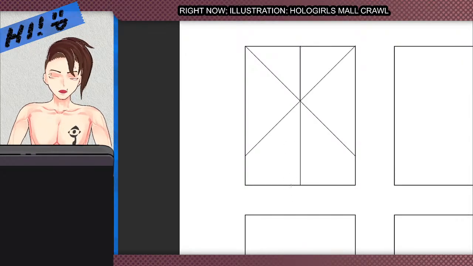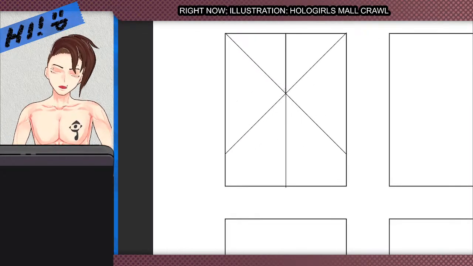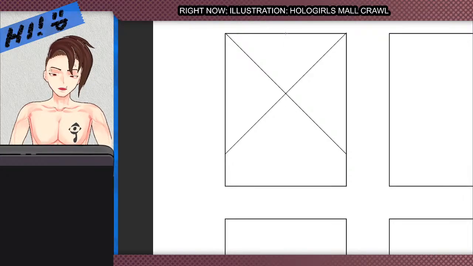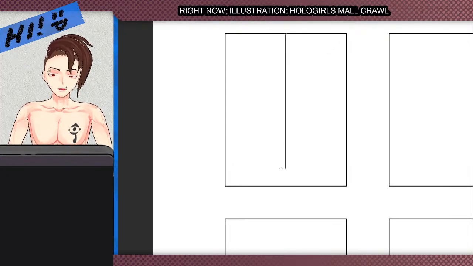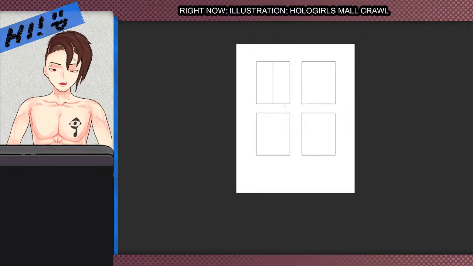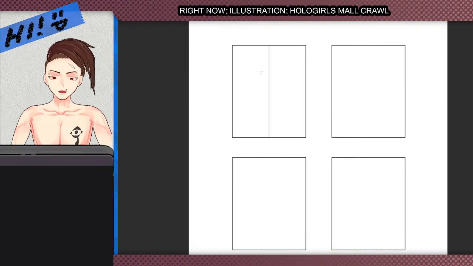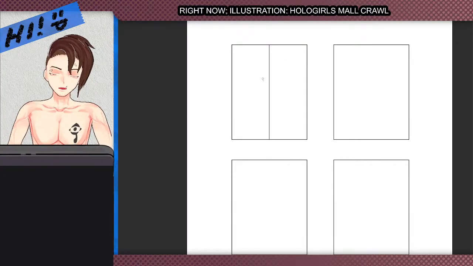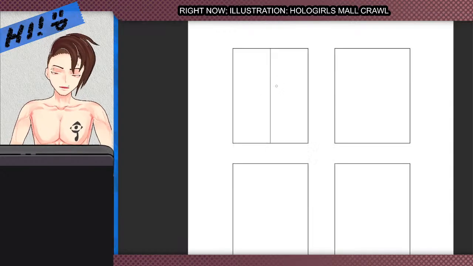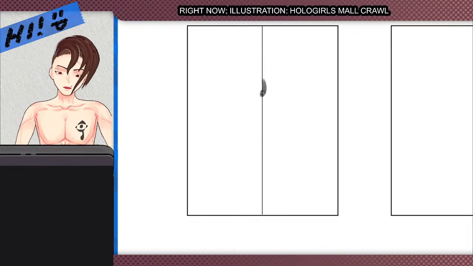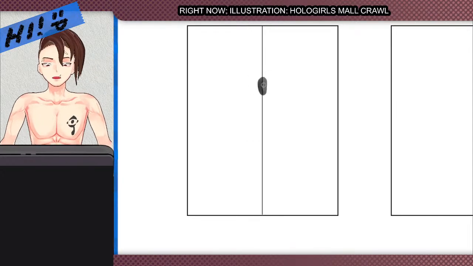So I don't think I want to have it like that, but I want to have my main point to be somewhere here. So basically we are going to have our characters. Well, one of the characters I want to be in the center, right? Like this.